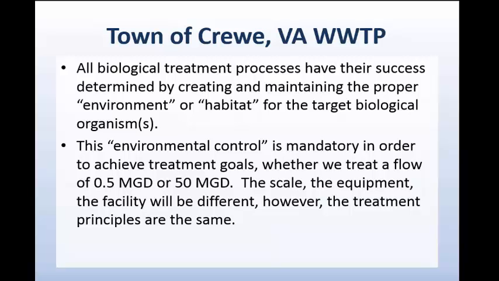In this case, we're talking about bacteria. Those bacteria then accomplish a specific or target treatment. For nitrification and denitrification processes, we're dealing with 2 different groups of bacteria. They colonize their respective habitat or environment, and then they accomplish their respective desired treatment processes.